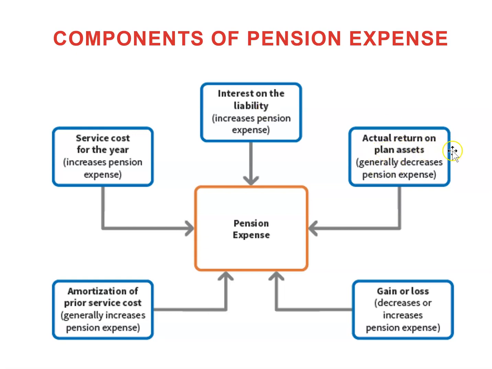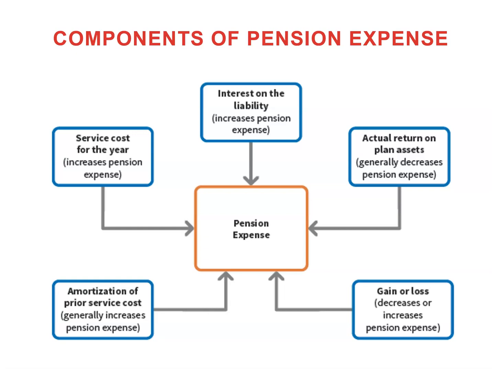And actual return is basically a return, and it will decrease your pension expense unless you have any loss related to fair value changes. And then this is amortization of your prior year service cost if there is any initiation or amendment of the pension plan. And then this gain or loss is a sudden, unexpected gain or loss. Depending on whether it is a gain or loss, the pension expense will increase or decrease.